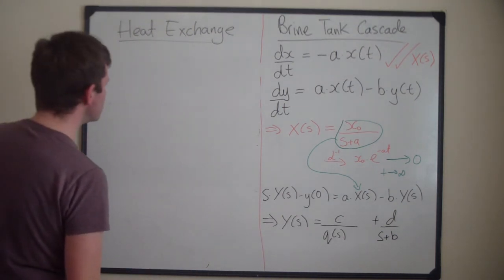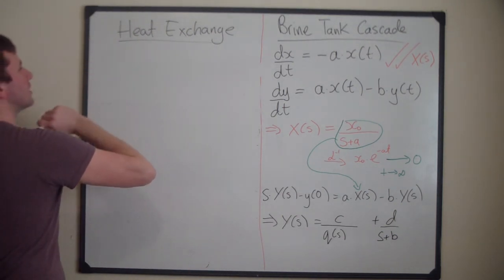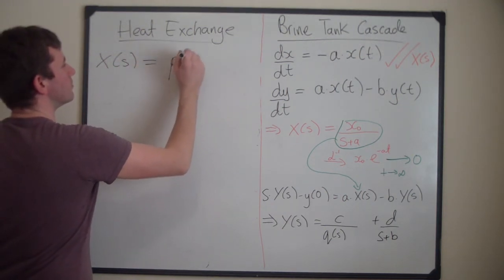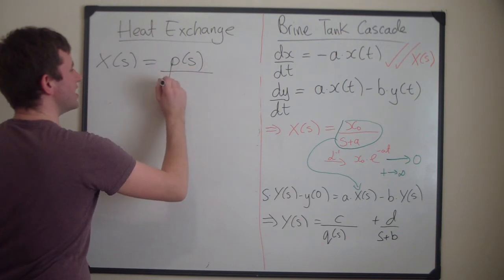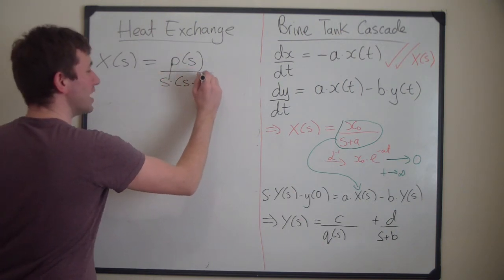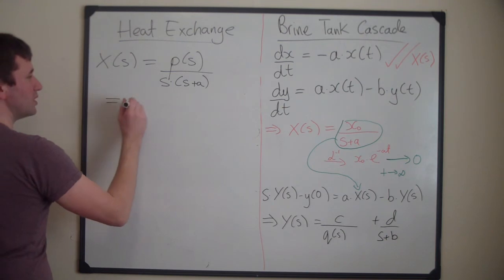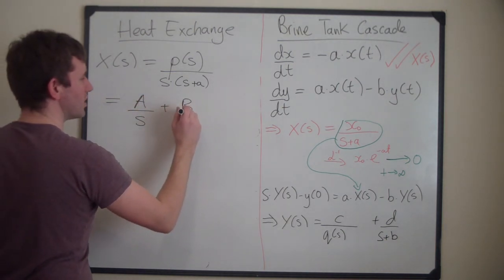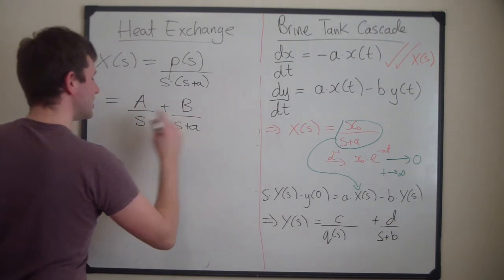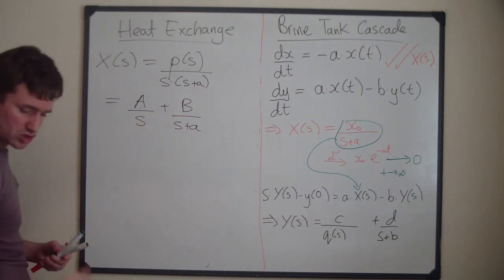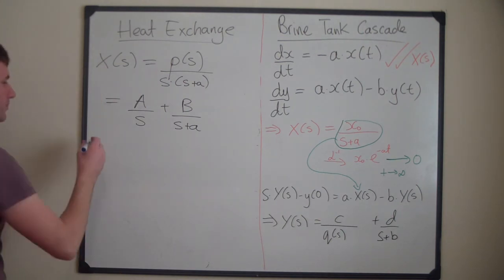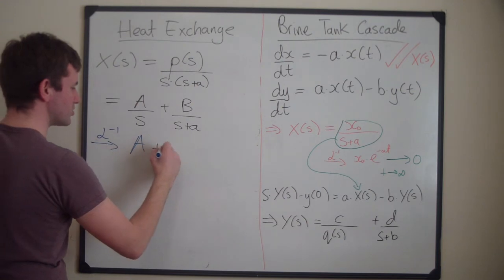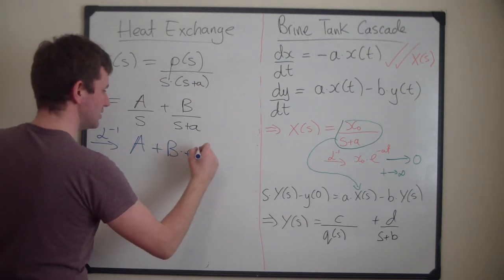This one you will need Cramer's rule, and eventually you will get down to x of s is some function of s over s times s plus a. You do the cover-up method and get some constant over s plus some constant over s plus a. It's very easy to send this back using the inverse Laplace transform. This goes back to some constant plus b e to the minus at.